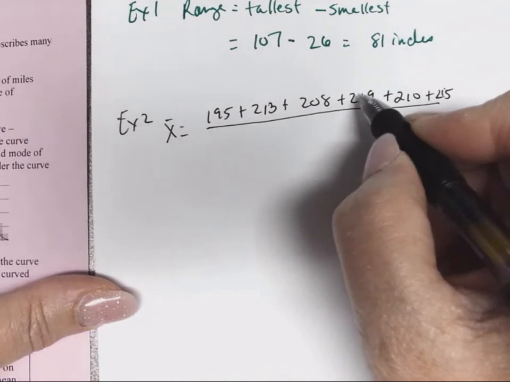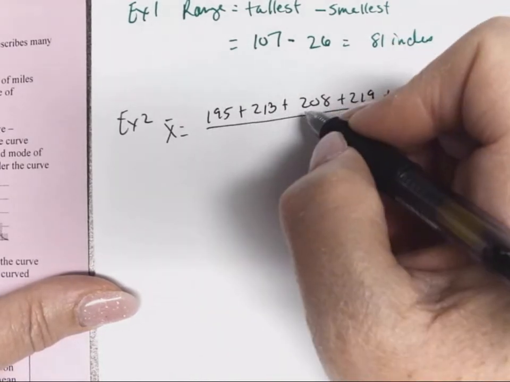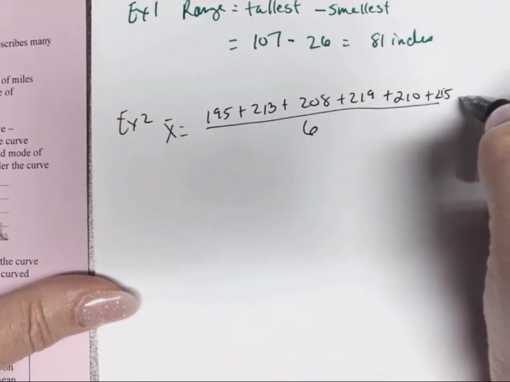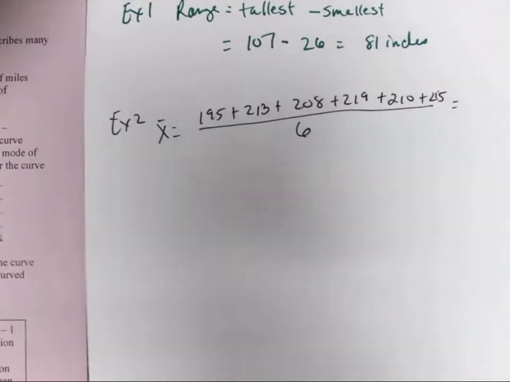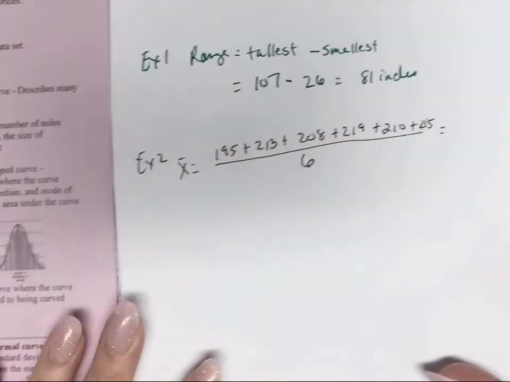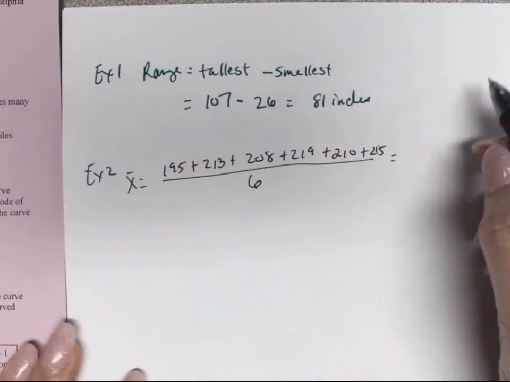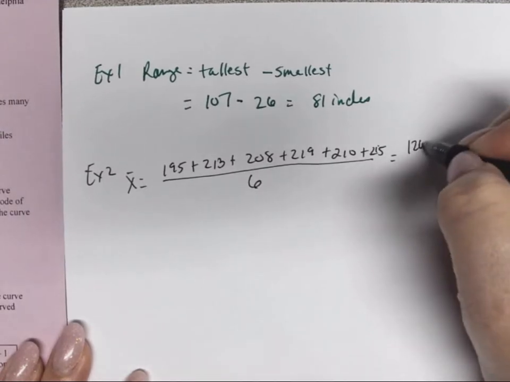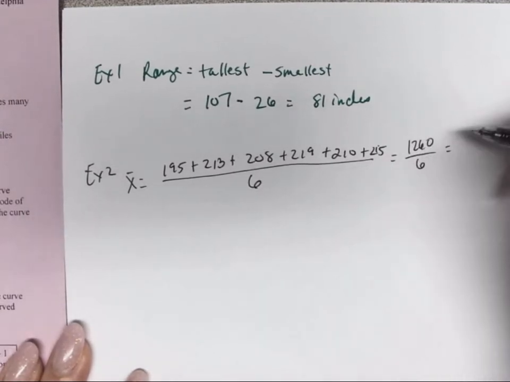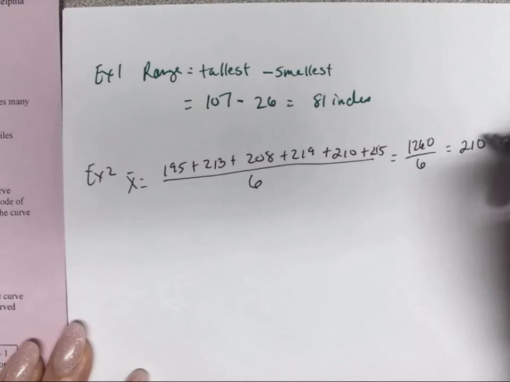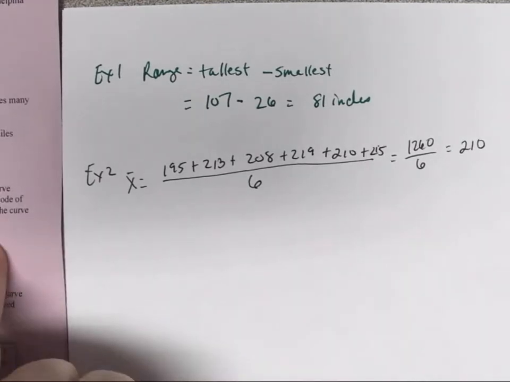We have 1, 2, 3, 4, 5, 6 flight prices. If we add them together, we get 1,260, divided by 6 gets us 210. So that's our x bar.